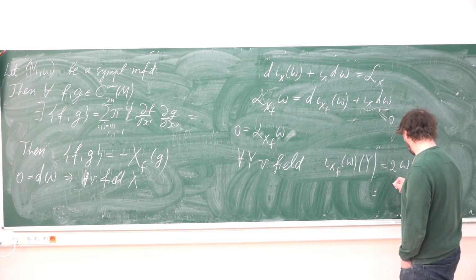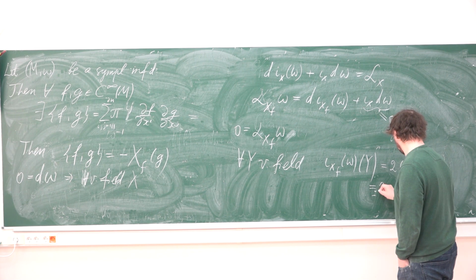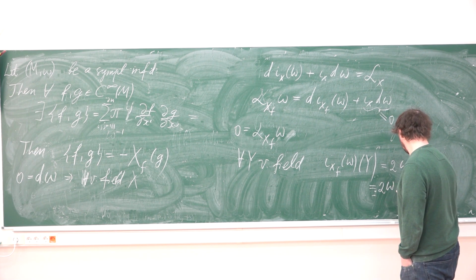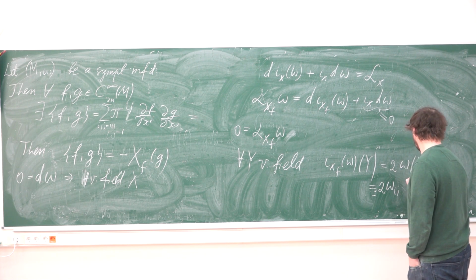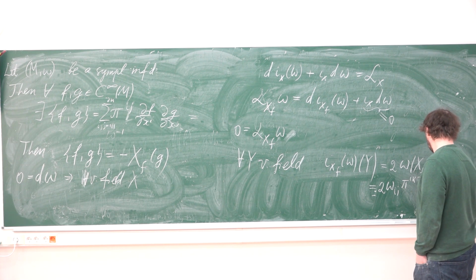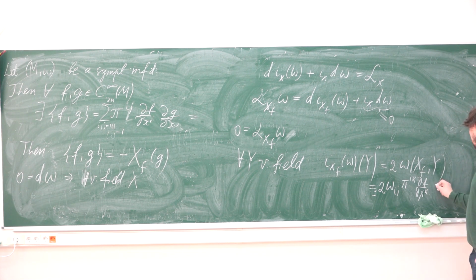Now, if you again use the explicit formula, then what you get will be omega ij pi ik df dxk. Then we have yj, right?